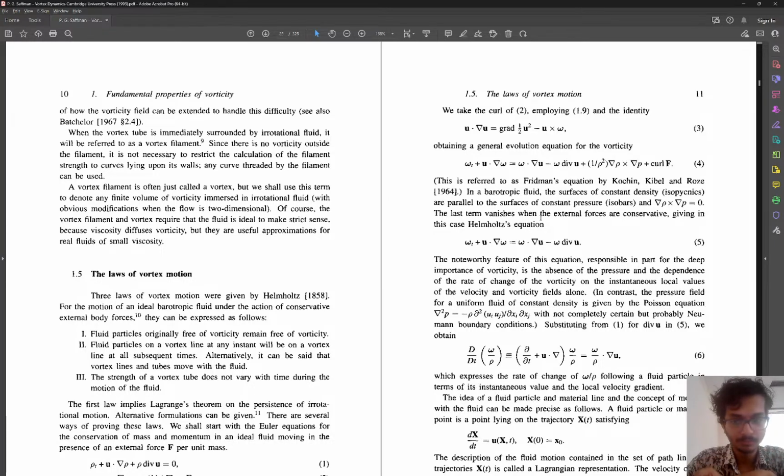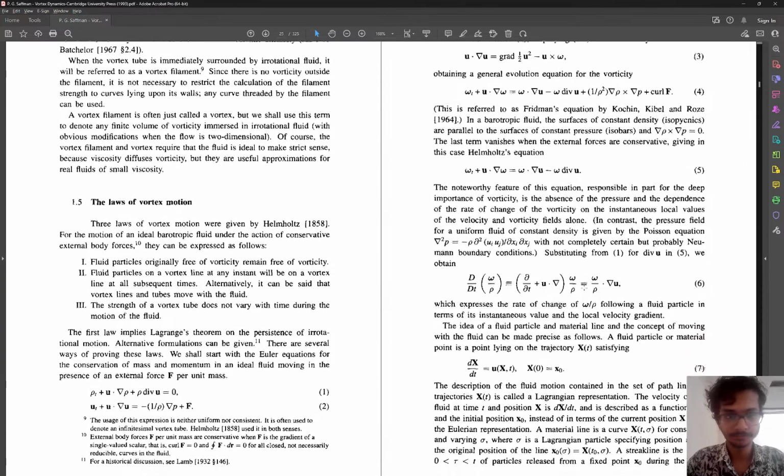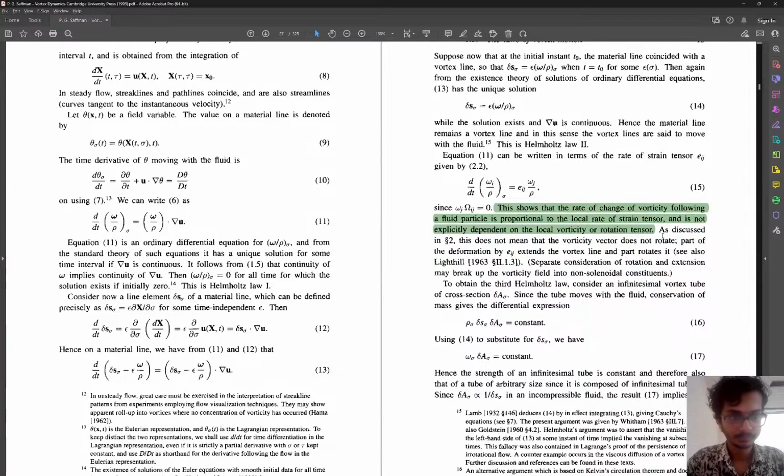The vortex piece and the non-vortex piece will stay separate, but internally they can mix. They're not like they will be rigidly moving. Or is that what they are saying? It's not explicitly dependent on local velocity, or the velocity vector will not change the body deformation since the vortex length rotates it.